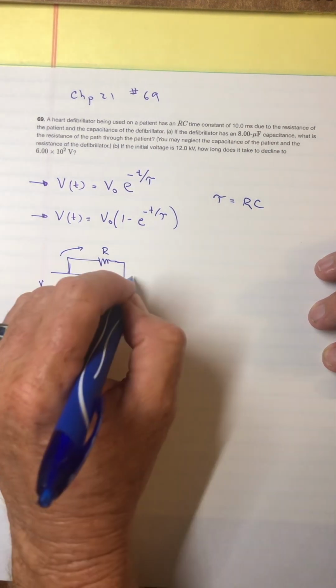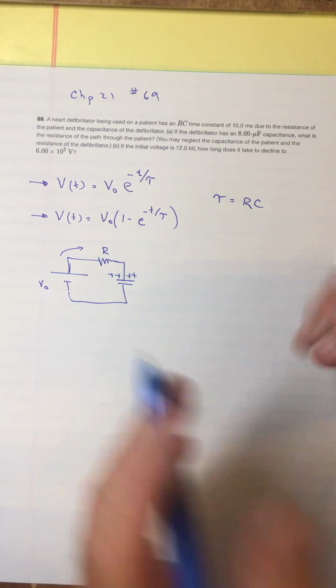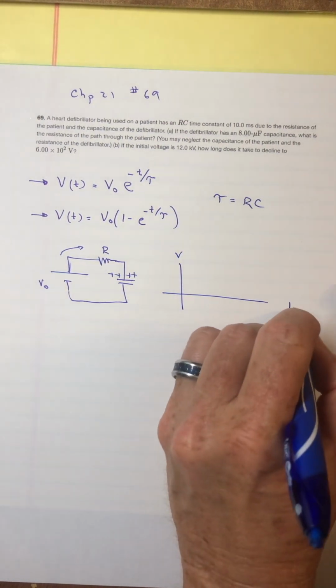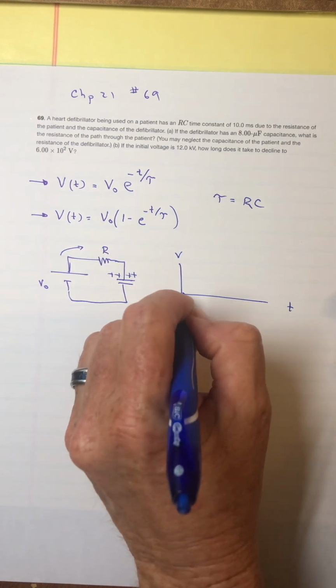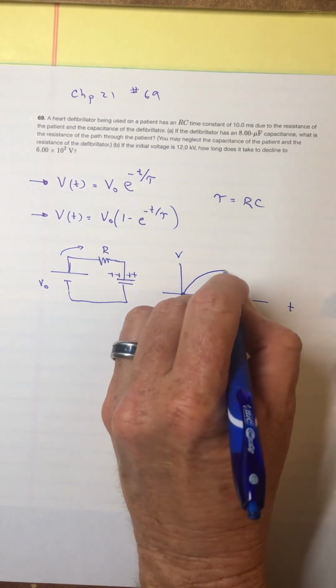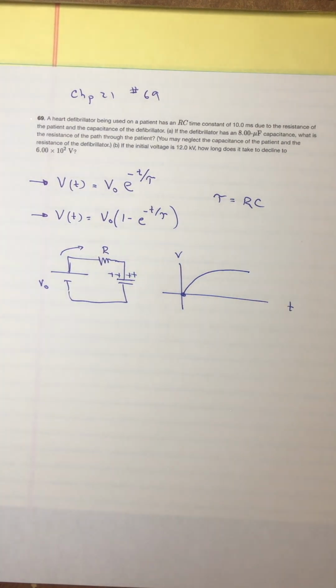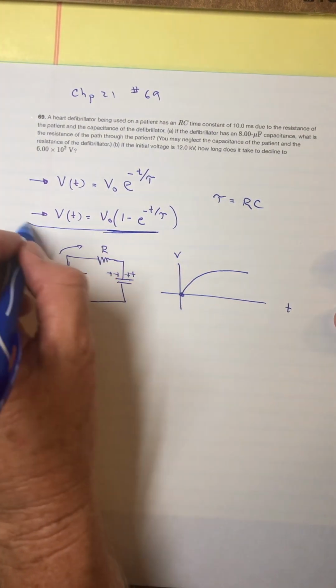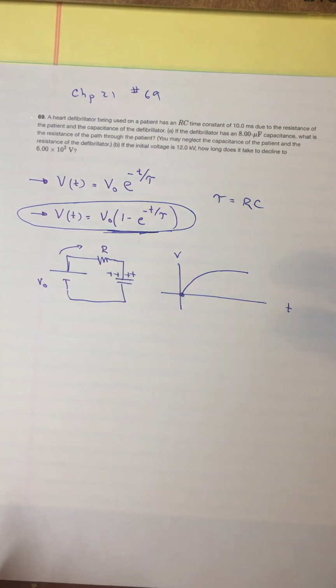And as the charges flow, the capacitor is building up. So if you plotted the voltage as a function of time, it would look like this. And that is this equation right here. That is the equation I would use when something is being charged up.